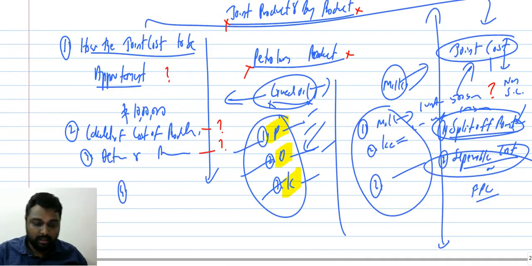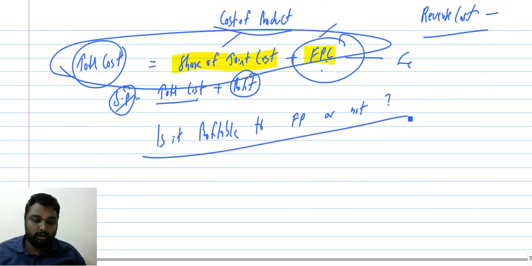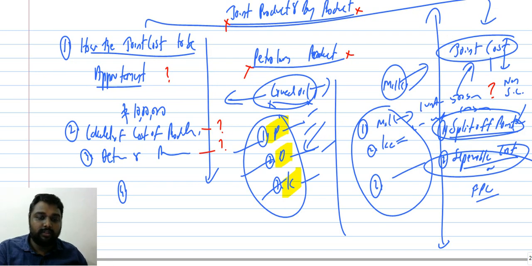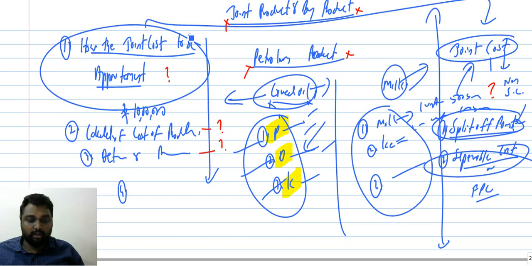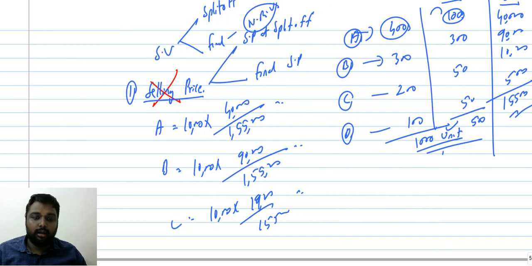Then in joint product, we have to answer three things: how to apportion the joint cost, calculation of cost of production, and determination of the selling price. We have also answered whether it is profitable to further process or not. Today we discussed mainly how to apportion the joint cost, with different methods: physical unit method and sales value method. So we have done only a few methods today.